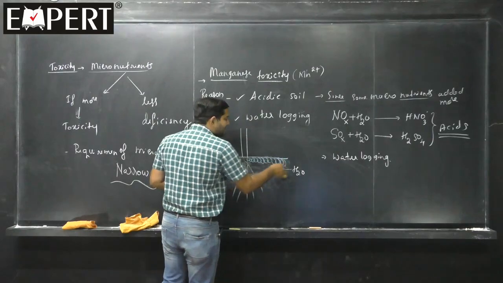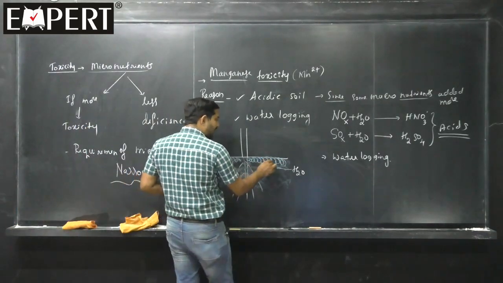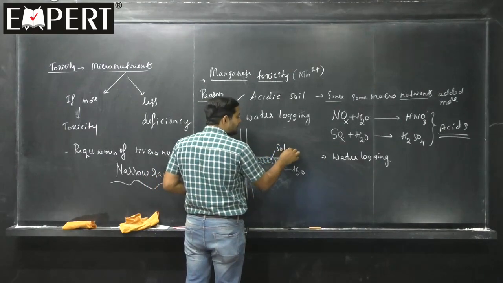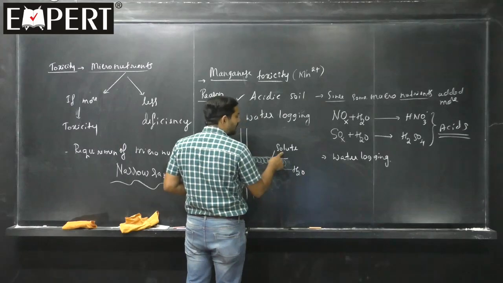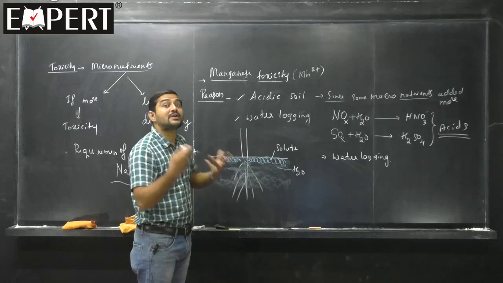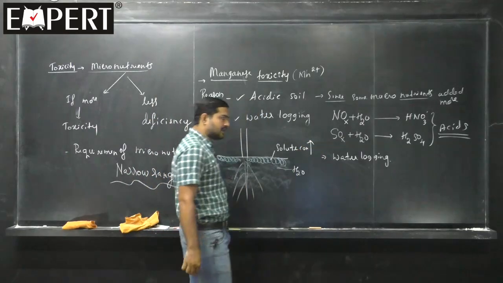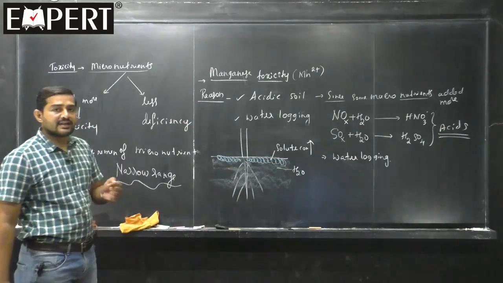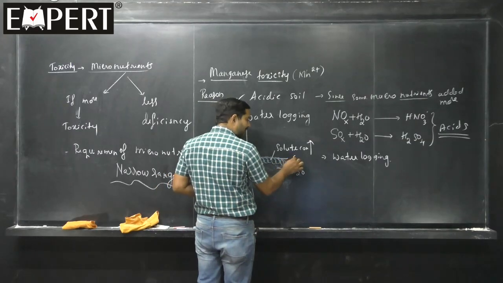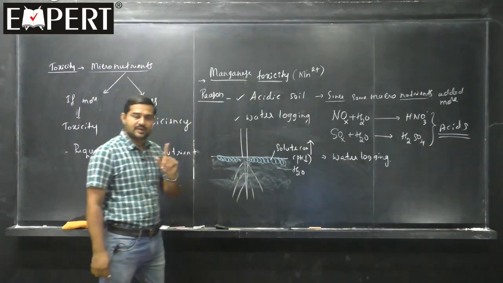As the mineral concentration goes on increasing at the surface of the soil, the solute concentration goes on increasing, and because of that, depending on the solute, the pH can reduce. One point.